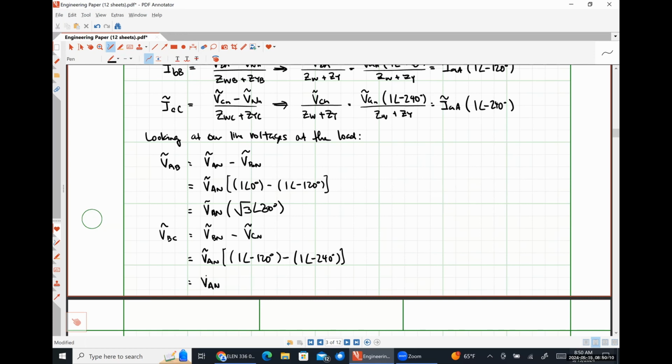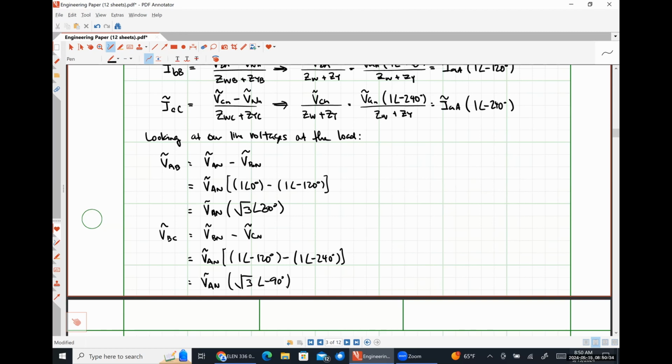Or VAN times what? So throw that in your calculator. 1 angle negative 120 minus 1 angle negative 240. Or root 3 angle negative 90. Same magnitude, 120 degrees of phase separation.